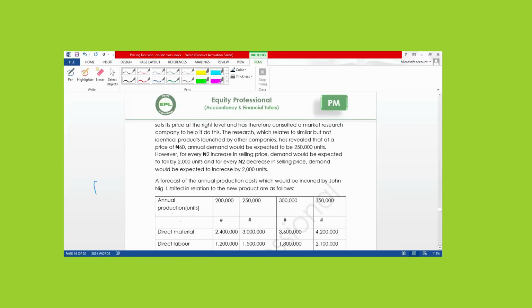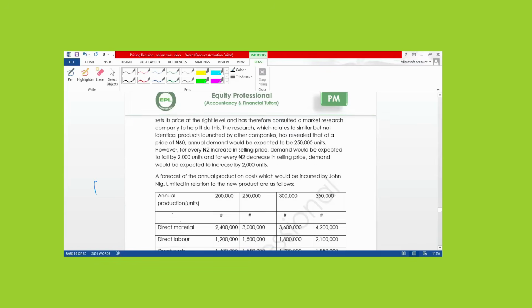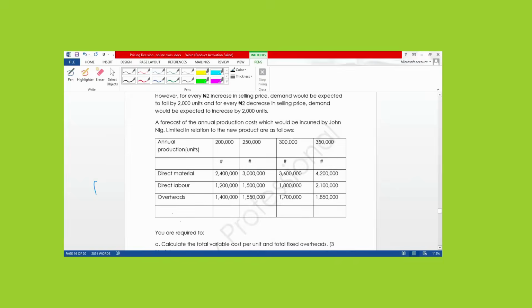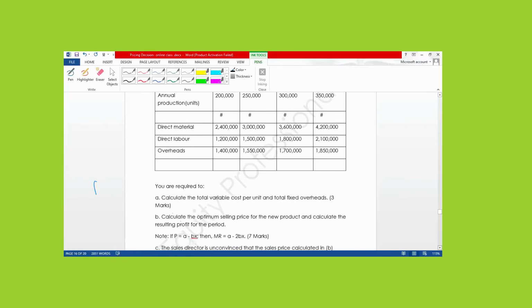Direct material cost, direct labor cost, overhead cost. Requirement A: calculate the total variable cost per unit and total fixed cost.